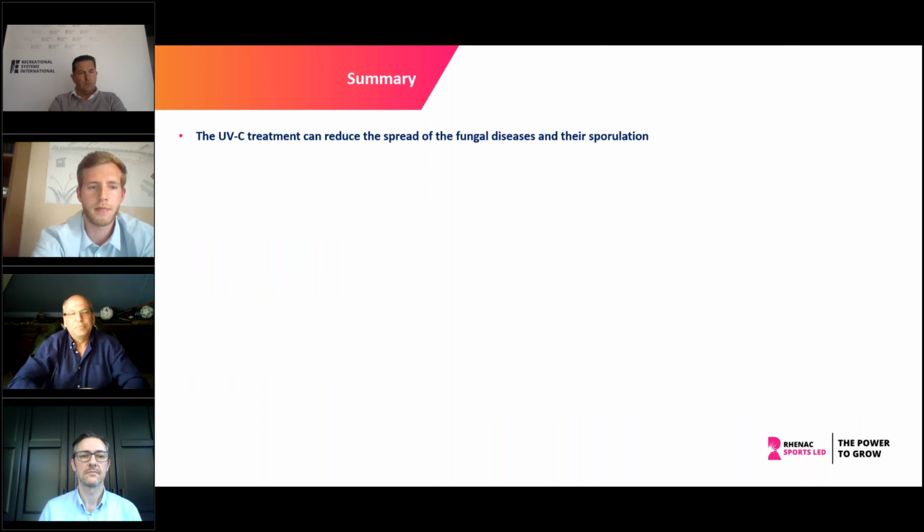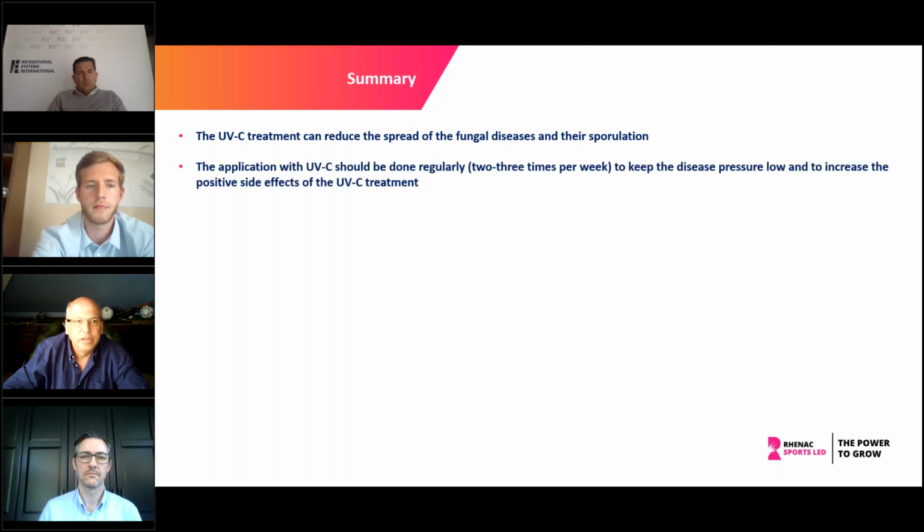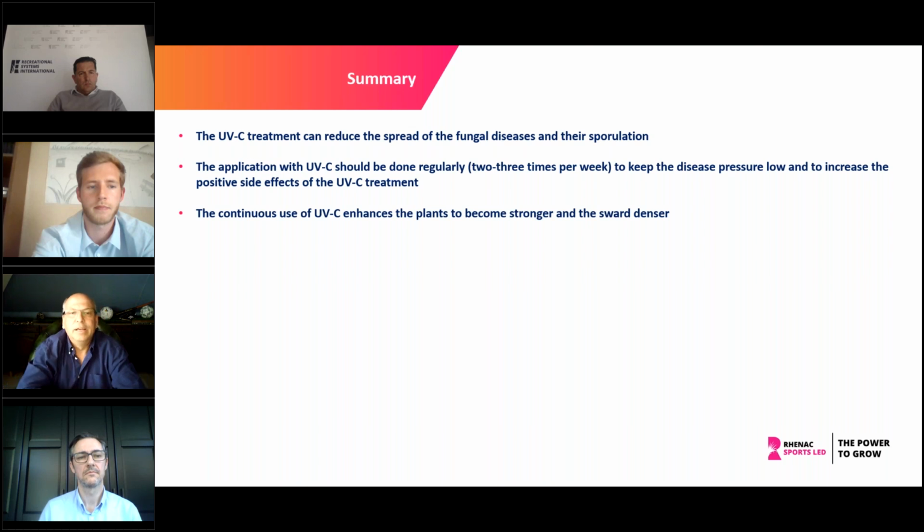So to summarize, what we found in the research is that the UV-C treatment can reduce the spread of fungal diseases and their sporulation. We've proved that with our research. The application with UV-C should be done at regular intervals, typically 2 to 3 times a week, to keep the pressure low and to make sure the grass is healthy, and also to increase the positive sides of that UV-C treatment, as we touched on.